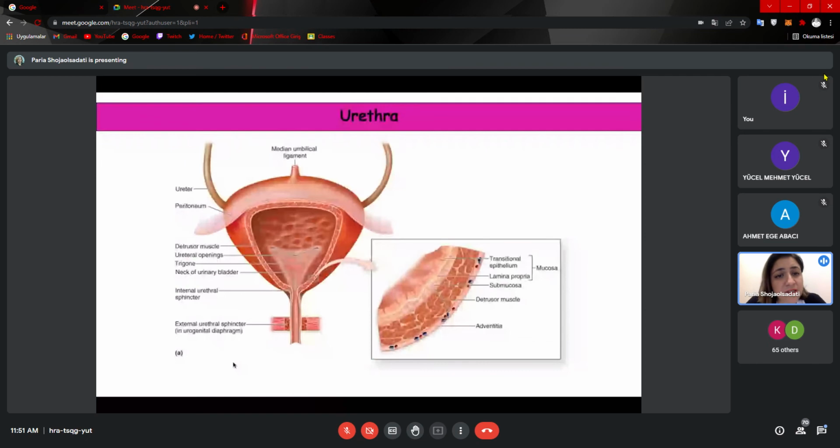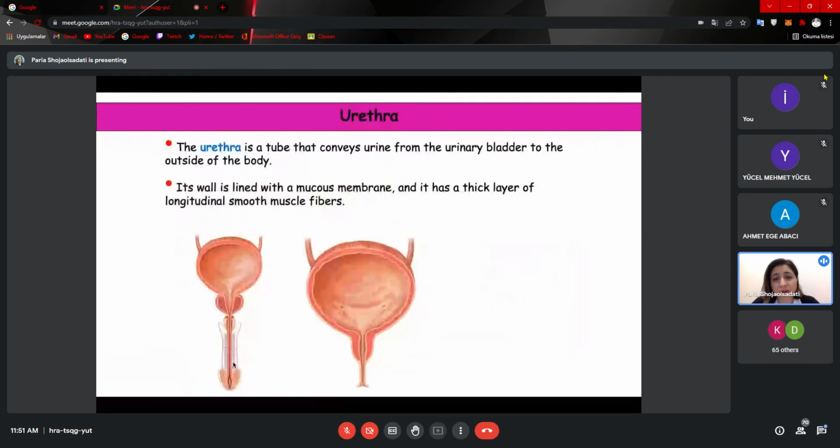The urethra is a tube that conveys urine from the urinary bladder to the outside of the body. Its wall is lined with a mucous membrane, and it has a thick layer of longitudinal muscle fibers in the wall of this structure.